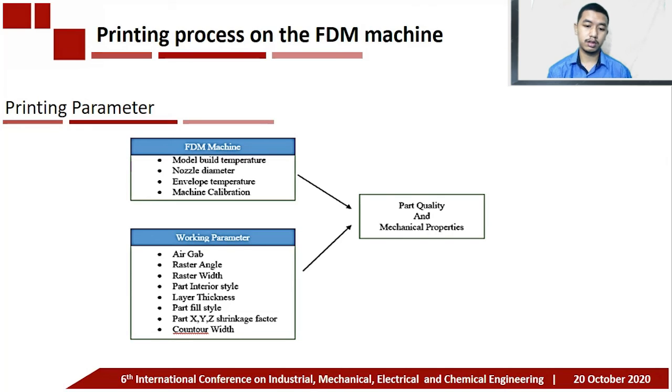Well, on working parameters, there are parameters such as air gap, pressure, part interior style, contour width, part fill style, shell, and others. These are parameters that can be controlled to get the desired product result.